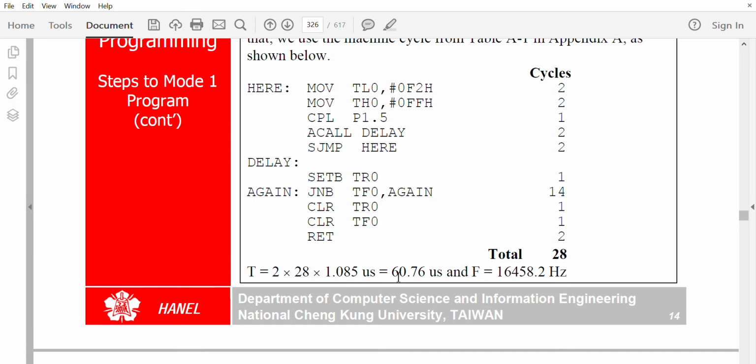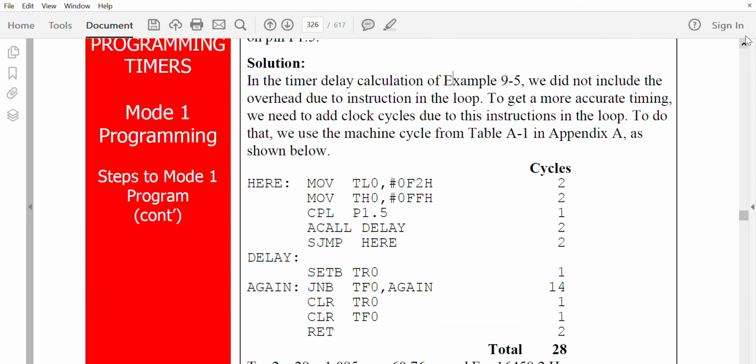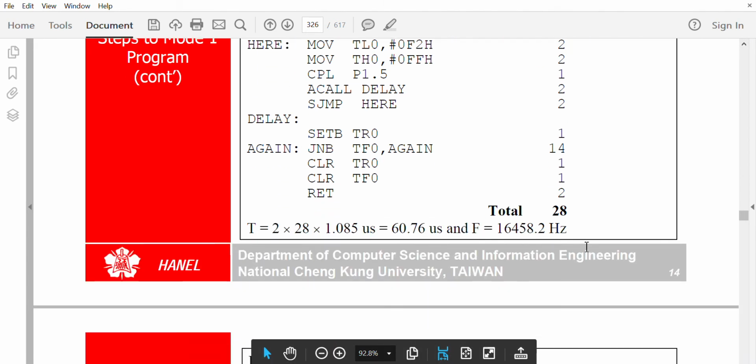That will give you the time, and 1 by this will give you the frequency. So this is with the machine cycles.